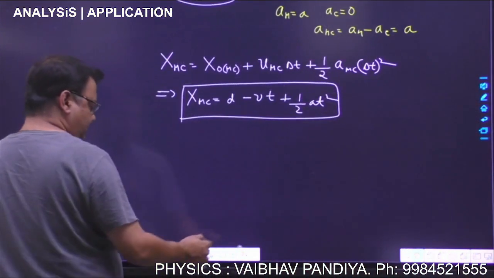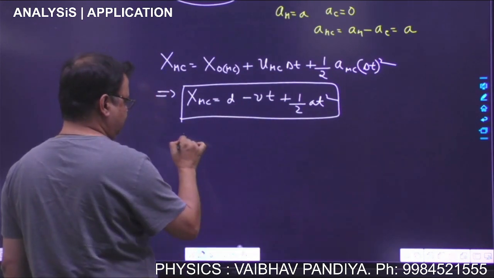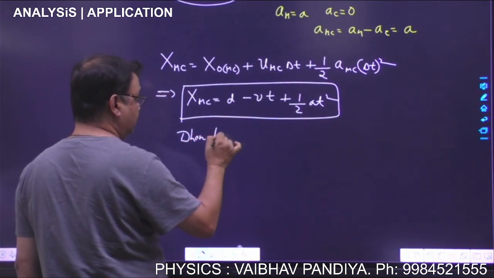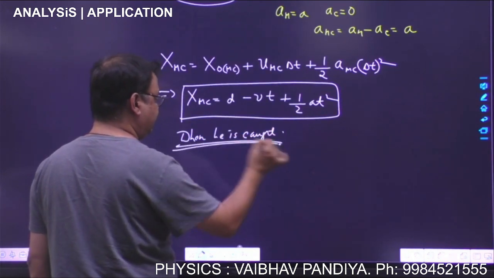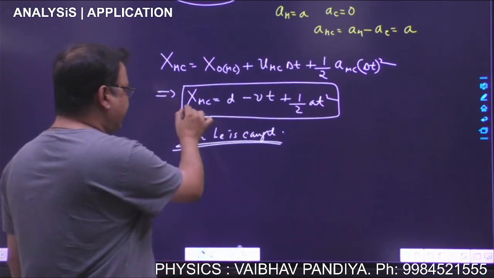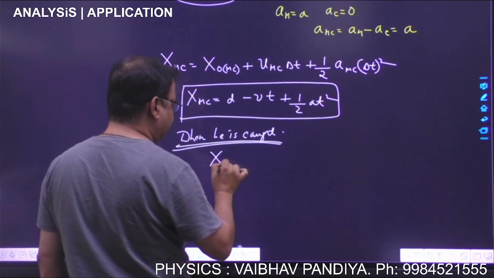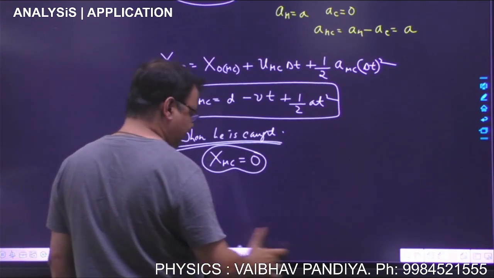Now when the motorcyclist or pickpocket is caught, as we have seen, when the two particles meet, collide, or are caught, they have the same position. So their relative position becomes 0 because they are at the same position, so there is no relative separation.